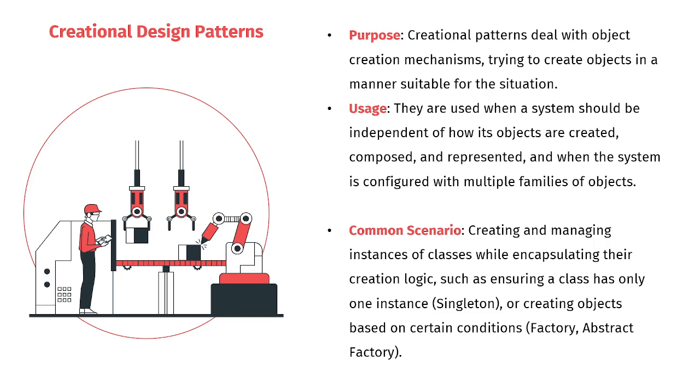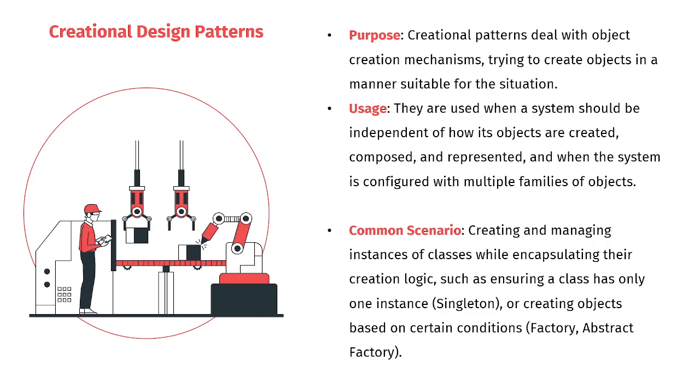As per the usage, they are used when a system should be independent of how its objects are created. You know that when you want to create an object, you use the new keyword and create the object out of that class whenever you want to use it, right? So you are creating the object in the same place where you are using it.